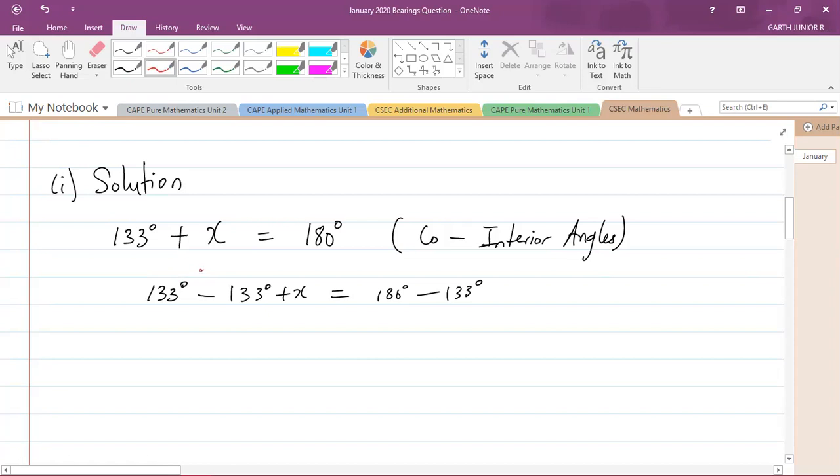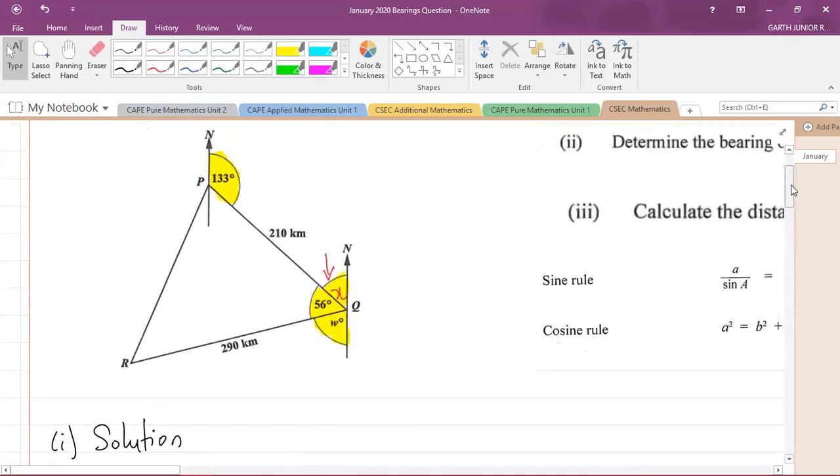On the left-hand side, the 133 degrees cancels out, leaving X, and that is equal to 180 degrees minus 133 degrees, which is 47 degrees. So that angle X there is 47 degrees.